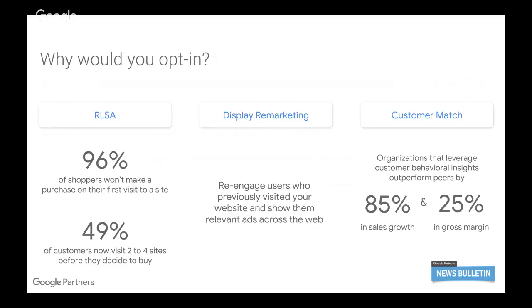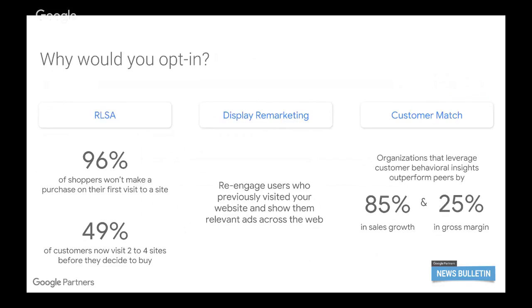And then for the customer match, what I find quite interesting here is we did a survey, like it's not a survey, research last year, where we compared market leaders with market laggers. So anyone that was outperforming the market, what type of features were they using? And consistently, market leaders were using features like customer match.